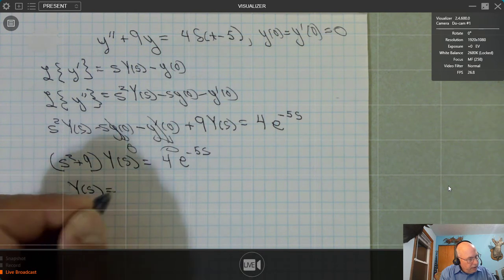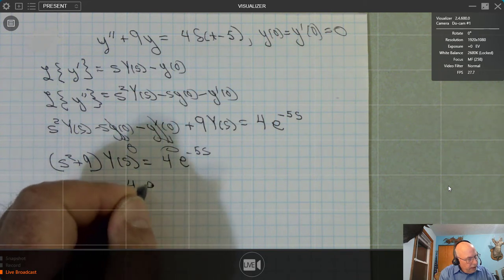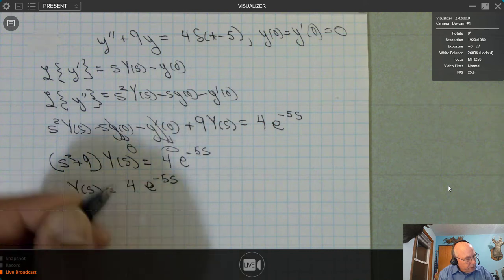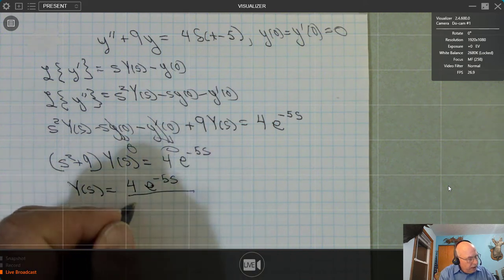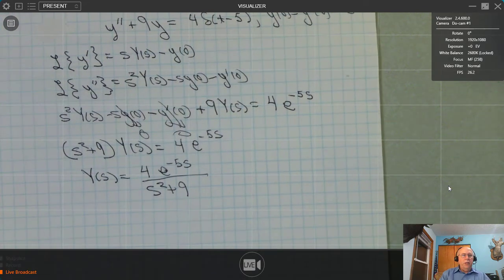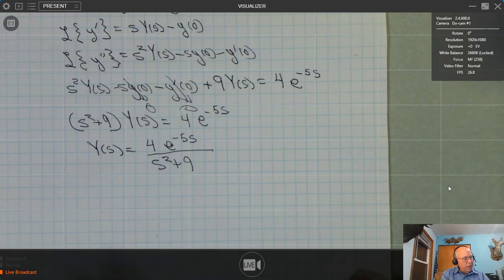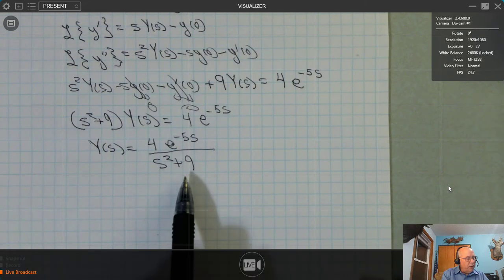Y of s equals 4e to the minus 5s over s squared plus 9. Okay, we're going to do exactly what we did on the previous examples and focus in on things one at a time.